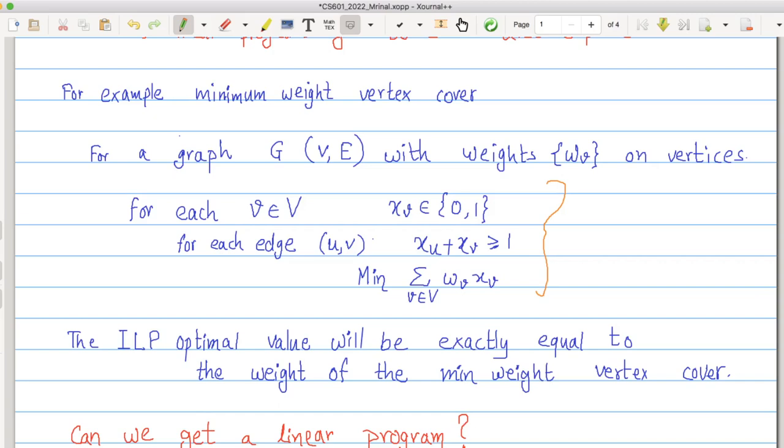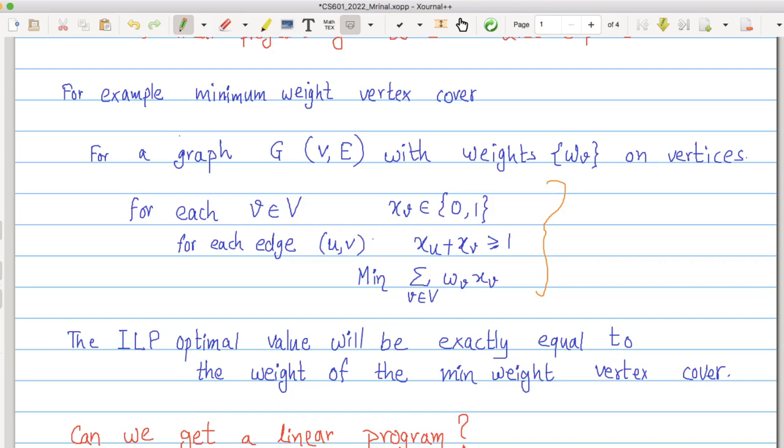So here is one way to express this problem as an integer linear program. So you could have one variable for each vertex, and the variable belongs to 0 or 1, right? So it could either be 0 or 1. So naturally 1 indicates that you are going to choose that vertex. 0 means you are not going to choose that vertex as part of your vertex cover, right?